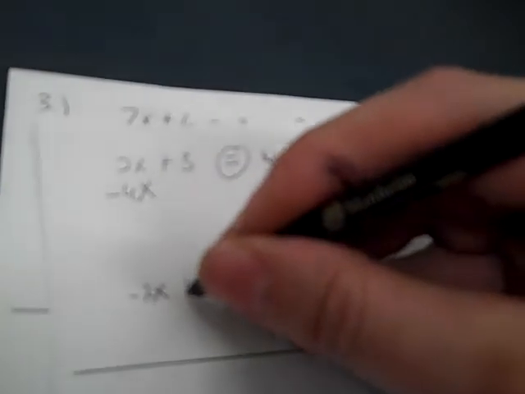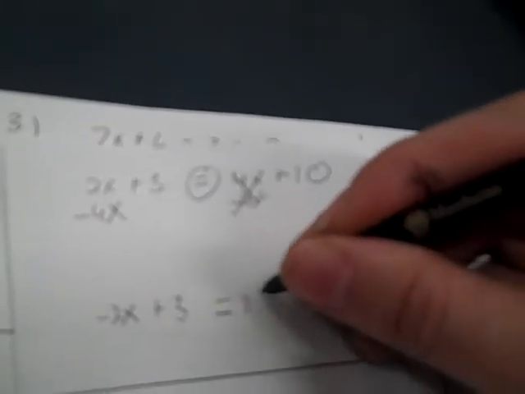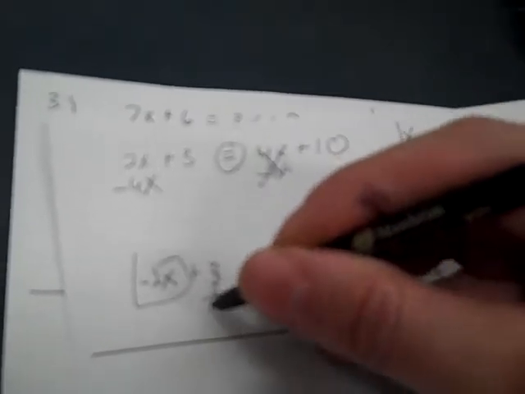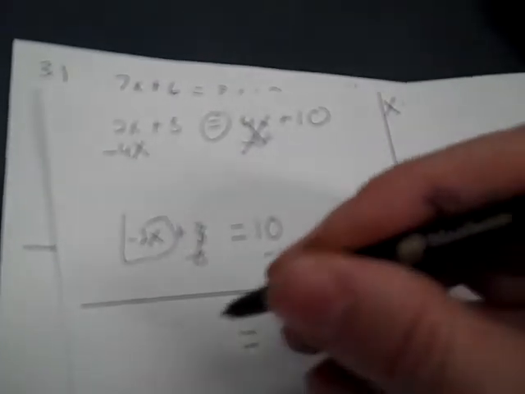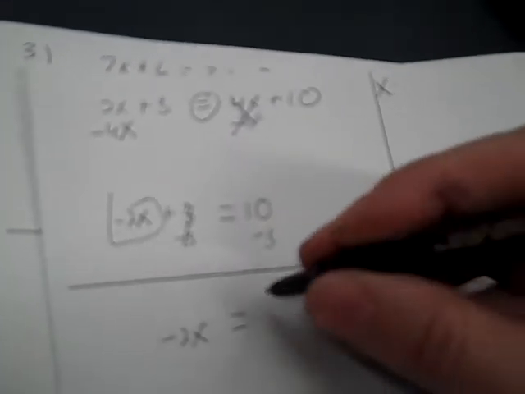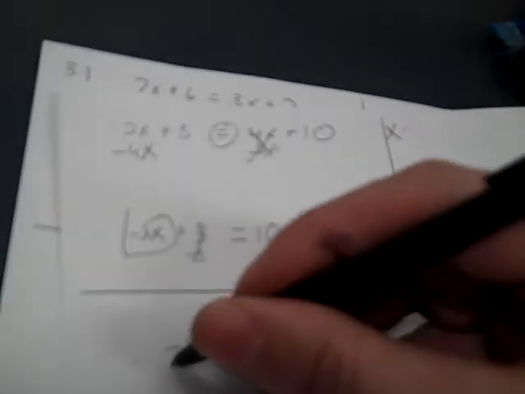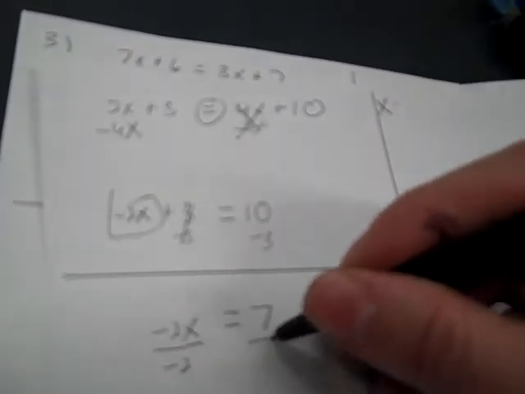Let's drop our equals, and we have negative 2x, because 2 minus 4 is negative 2, plus 3, and then 10. Then let's get that x by itself. Minus 3, so negative 2x, and that's 7. So divide by negative 2, divide by negative 2, and that's negative 3.5.